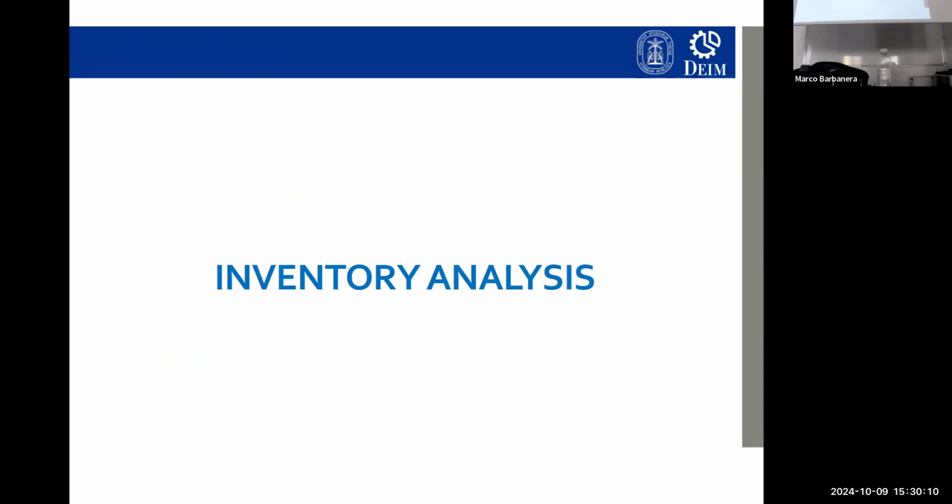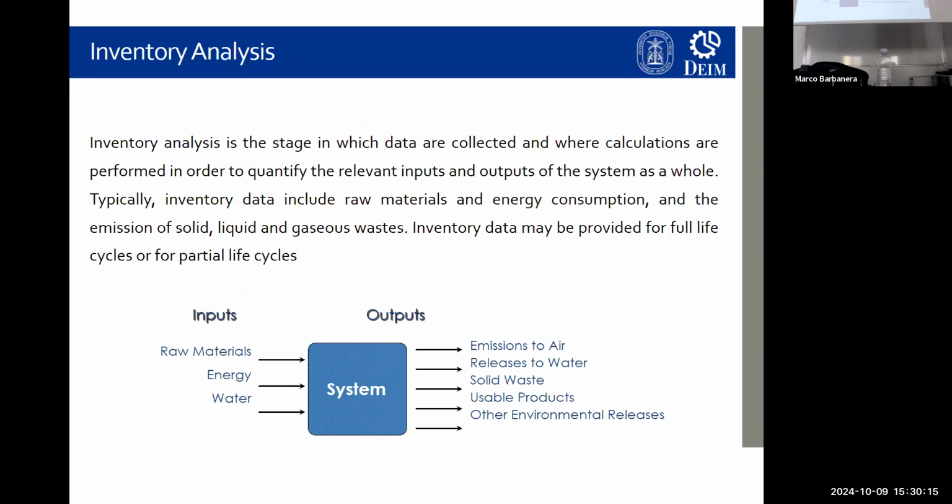The second step is the inventory analysis step. This step is the core of the LCA study. It is the most time-consuming step of the LCA study. In this step, we have to collect input and output data for each unit process of our life cycle.